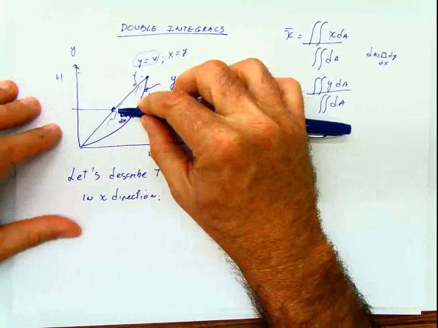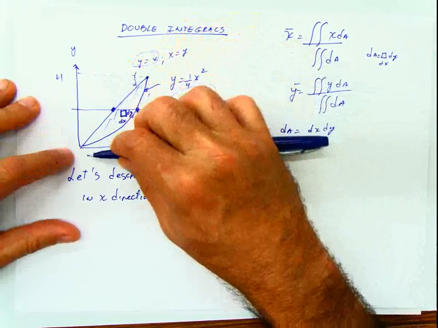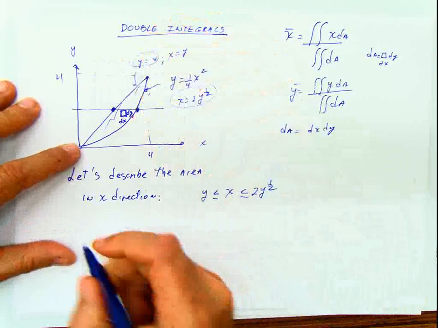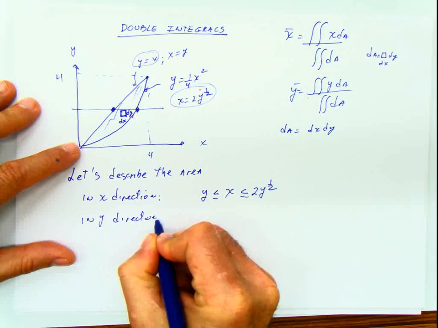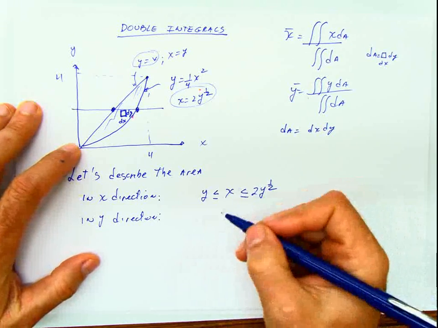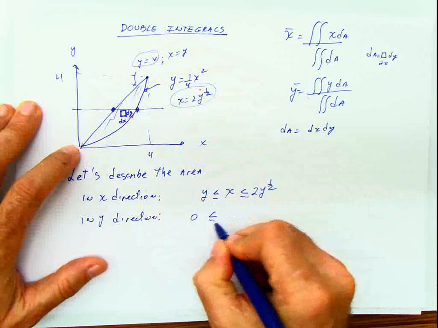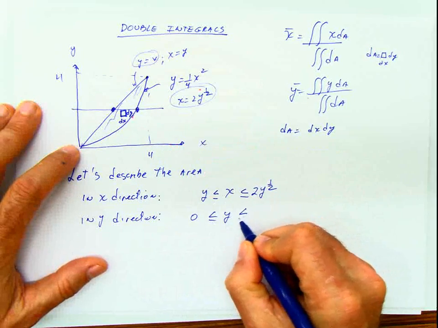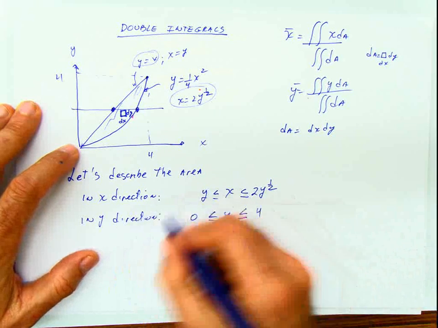And that line, now I'm going to move it in the y direction from here to here. So in the y direction, my y is changing from 0 to 4. So 0 is smaller or equal to y, and smaller or equal to 4. That's what defines my area.